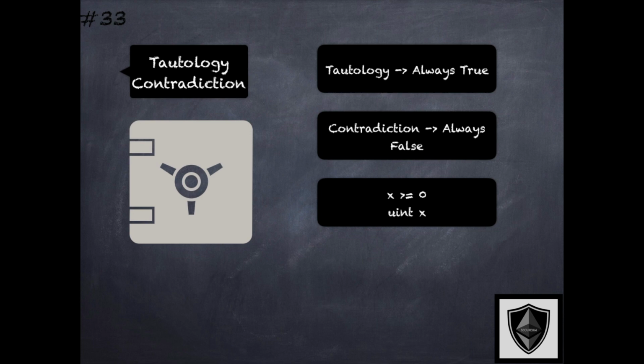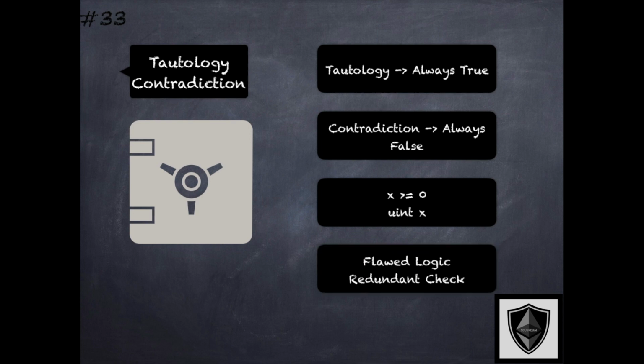Now this predicate, because of the type of x being an unsigned int, is a tautology. It's always going to be true because x cannot take a negative value. The presence of such tautologies or contradictions in smart contracts indicates either flawed logic or mistaken assumptions made by the developer, or these may just be redundant checks.